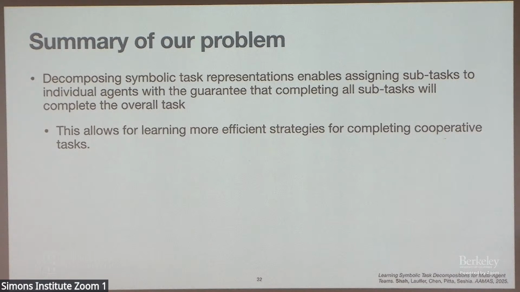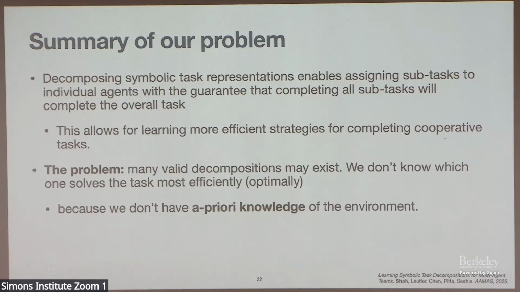This will help us make more efficient overall team behaviors. And of course, the problem is that since many valid decompositions exist, we don't know which one solves the task most efficiently, because the agents in our multi-agent learning problem don't have a priori knowledge of the environment. This is the standard assumption in reinforcement learning. Question?